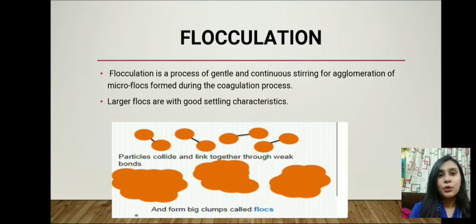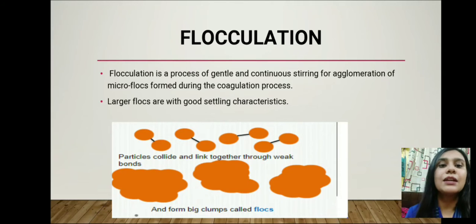After coagulation, we do the flocculation. Flocculation means to create flocs. Basically, it is a process of gentle and continuous stirring of the micro flocs that we get from the coagulation process. Larger flocs have good settling characteristics because larger flocs have bigger weights, and that's why they can settle in the water very easily.